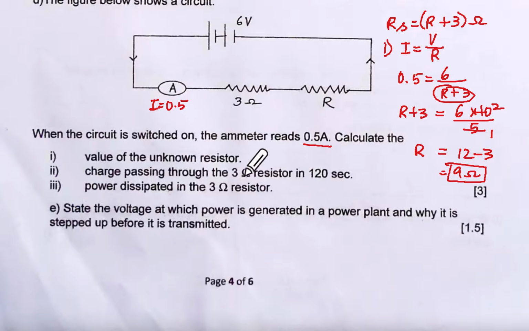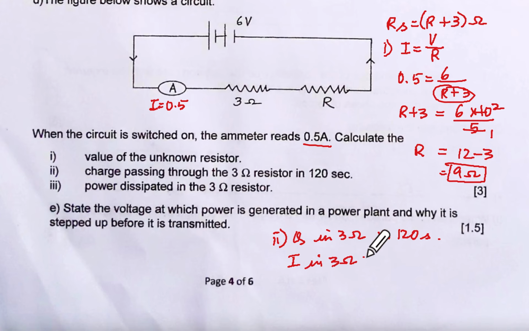The charge passing through 3 ohm in 120 seconds. So for the second one, they are saying charge, meaning Q, in 3 ohm in 120 seconds. Now I know that I in 3 ohm is going to be 0.5 ampere, correct?